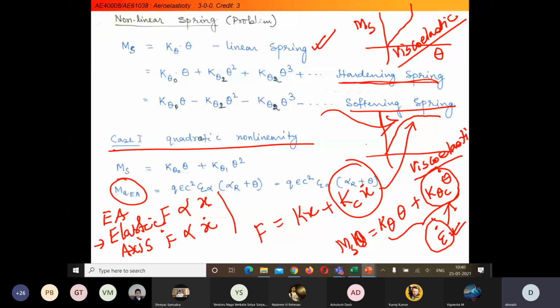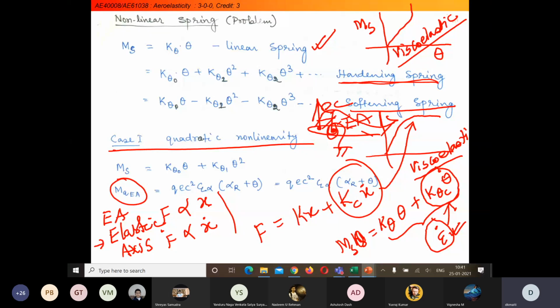We have considered that the aerodynamic force is acting through the aerodynamic center, and this eccentricity we have considered as e into c, and this is basically the elastic axis. So we are taking the forces and moments about the elastic axis. So I have used this term M A EA, that is aerodynamic moment about elastic axis.